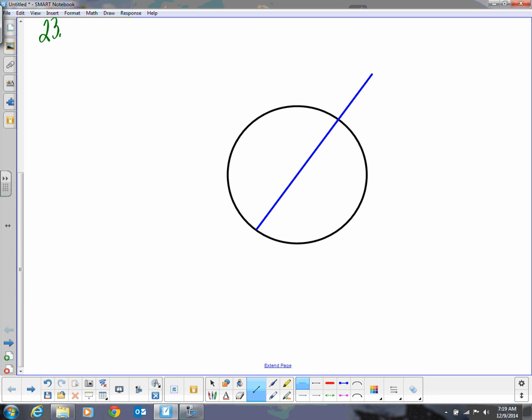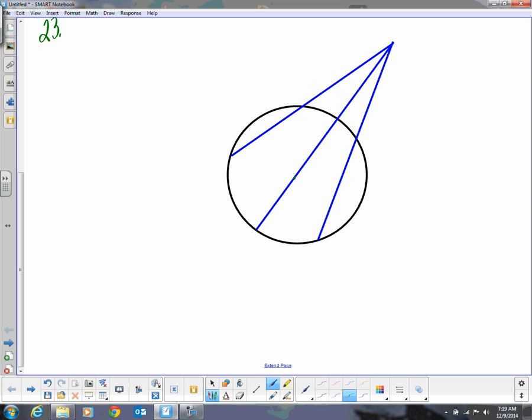The arcs, correct? So for this one, we're going to let this be H right there. This is the center, H. These pictures are not easy to draw. It doesn't go there, it goes here.